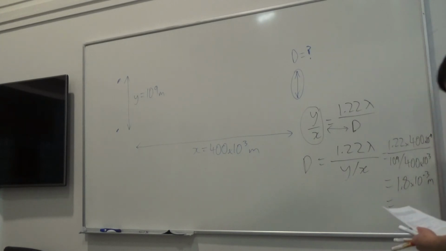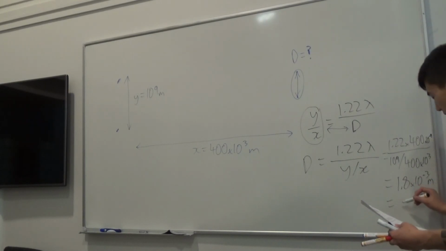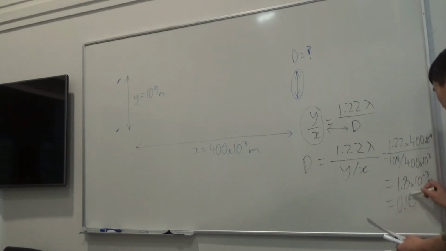It has to be in centimeters, so divide that by 10 to the negative 2, which will give you 0.18 centimeters.